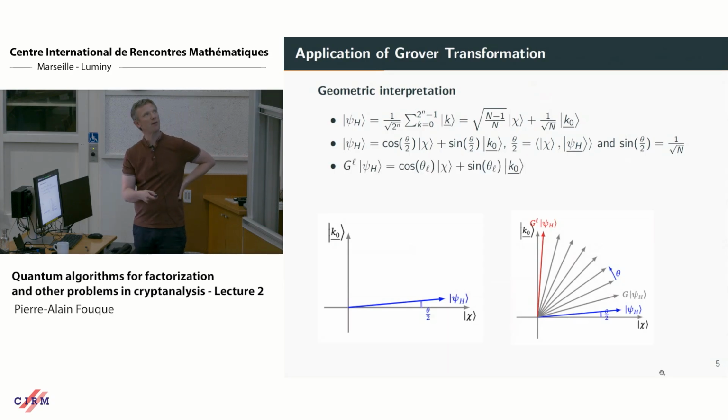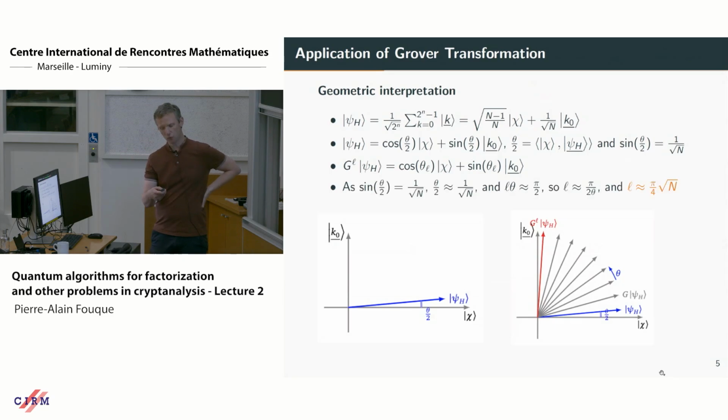After applying the step L times, the angle will be theta L, and it will be closer to the orthogonal state. In order to know exactly how many steps you have to do, the first thing is to see that theta over 2 is small. If the angle is small, the sine is equal to the angle.